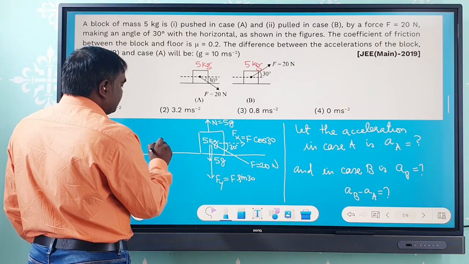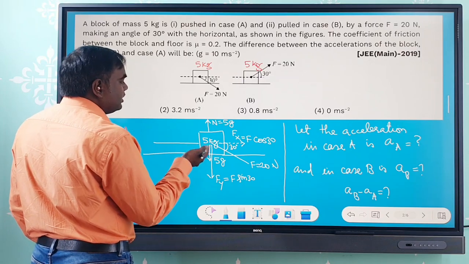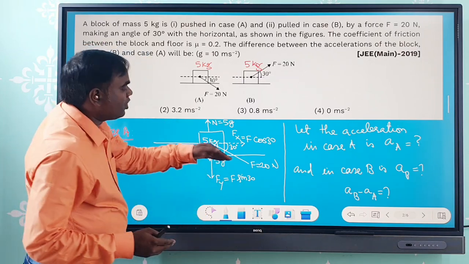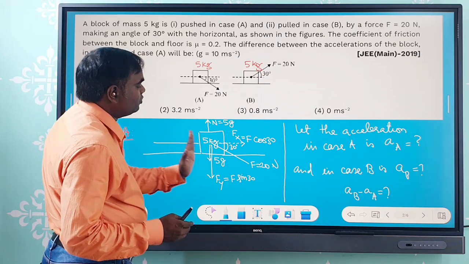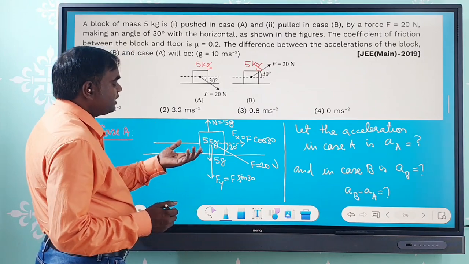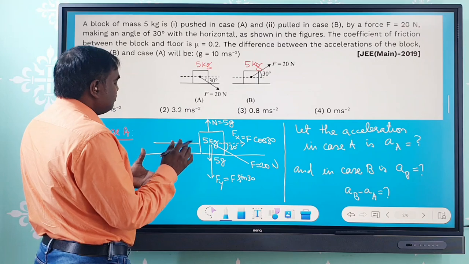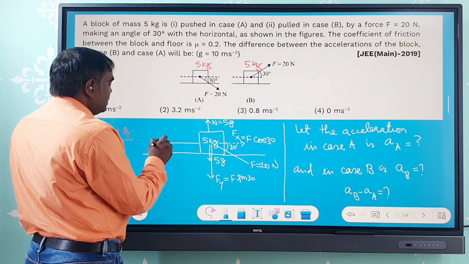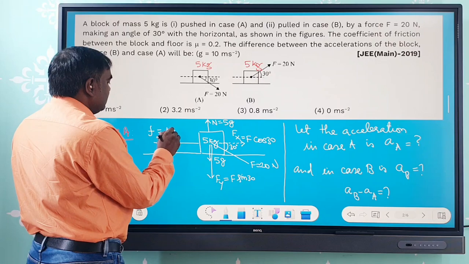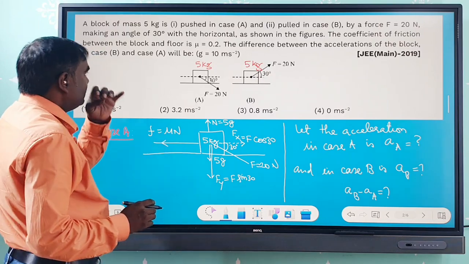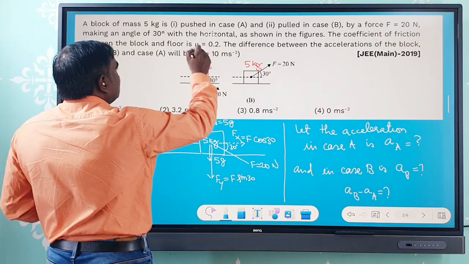And frictional force: when you push this block at this angle, this block will try to move, and because of that, in the limiting case there will be a friction that will oppose the motion, that F is equal to mu N, where mu is given as 0.2.